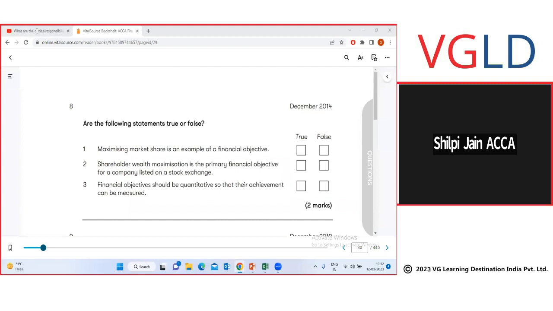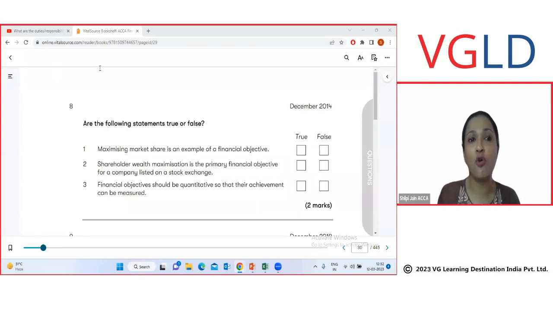Okay, more answers coming in. So let's review then. Remember, when I had shown you an actual FM exam, it did have questions like this as well, wherein you were supposed to mark an option for every statement which was given to you. So very much exam standard questions here.